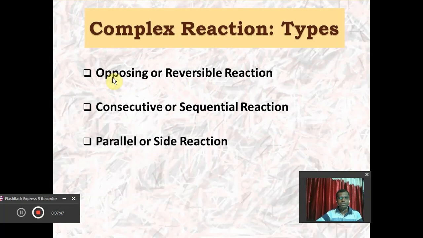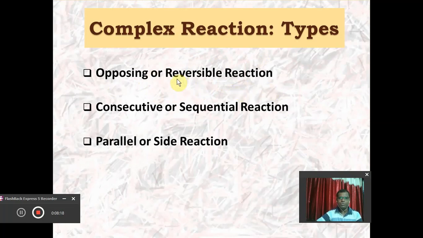I hope you know opposing very well: whenever there is a forward reaction and it is opposed by a backward reaction, both the forward and backward conversions will be there. So opposing reactions are also called reversible reactions. We will discuss these reactions one by one in detail in the next slide.